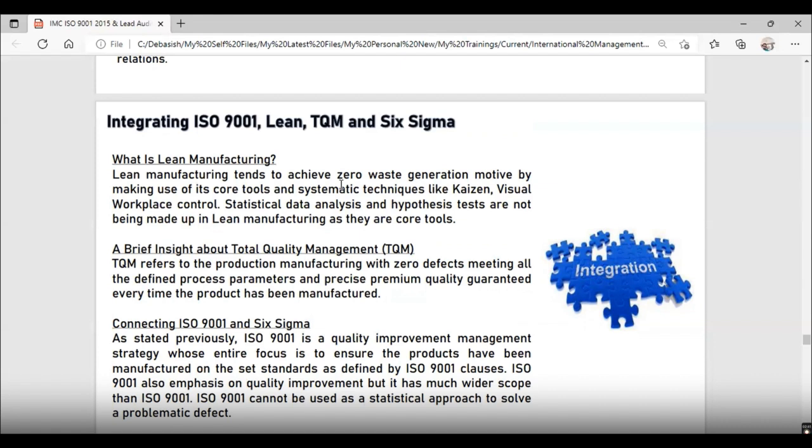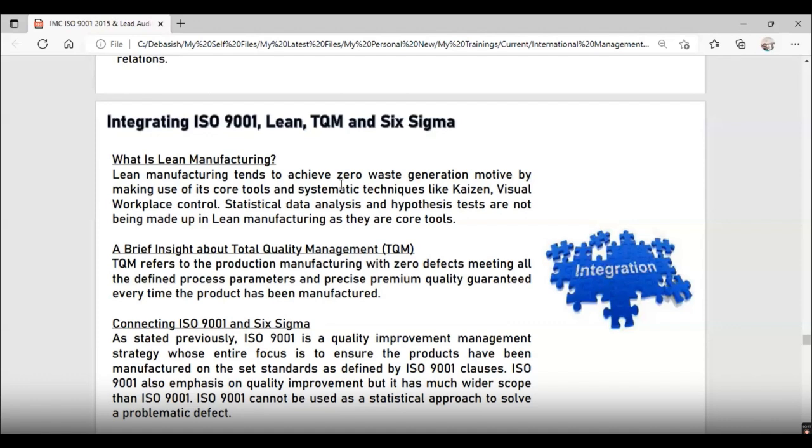Lean manufacturing aims to achieve zero waste generation by making use of its core tools and systematic techniques like Kaizen, visual workplace control, etc. Statistical data analysis and hypothesis tests are not used in lean manufacturing as a core tool.